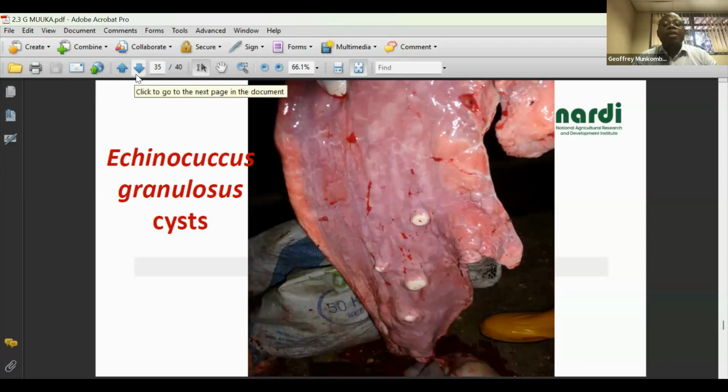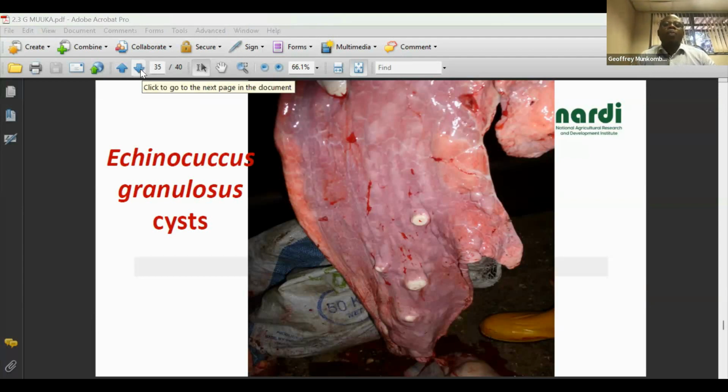These are easily found most of the time before you do any cuttings on the lungs. So you use your hands for feel and make sure you go right across the lung and through the whole length and breadth of the lung to ensure that you don't miss such cysts, which sometimes can be very small to touch. And sometimes they are big, so they come in different sizes.